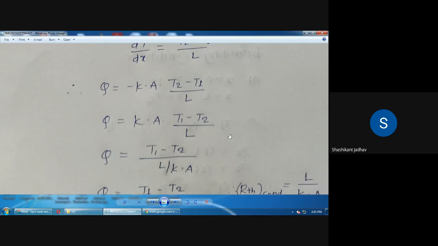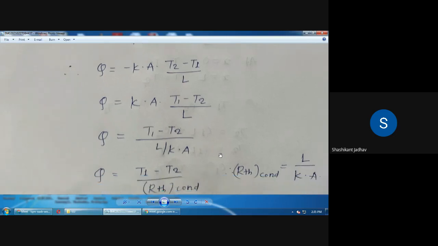In the form of an electrical analogy, how to write this equation? Q is equal to (T1 minus T2) divided by (L by K A). The K that was in the numerator, we take to the denominator. The equation becomes the same, but we are rewriting it in the form of an electrical system.